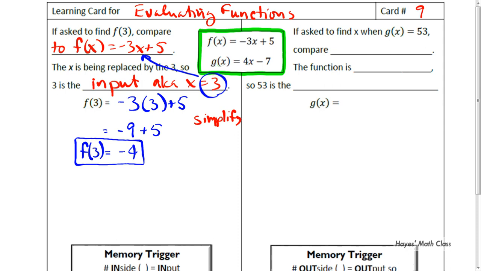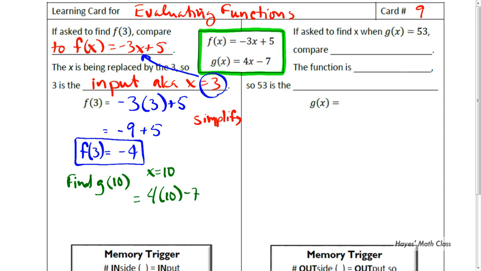Let's do another one. If I asked for, find, let's say, g of 10. So the 10 is going to go in the place. So remember, x is equal to 10 here. So that means that this is going to equal 4 times 10 minus 7.